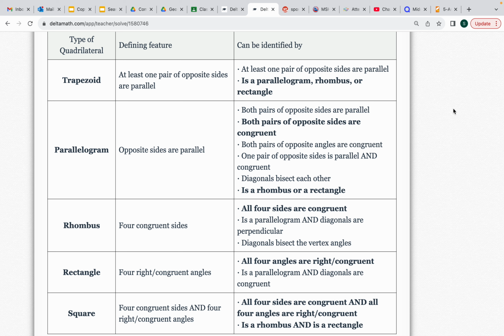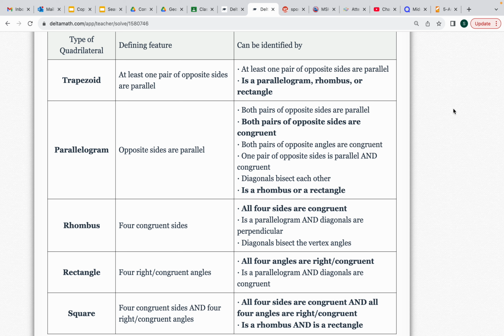Sometimes you're not going to be told, like with a parallelogram, that it has two sets of parallel sides. It might only tell you the diagonals bisect each other. Then you know that if the diagonals bisect each other, it has to be a parallelogram, therefore a trapezoid and a quadrilateral as well.